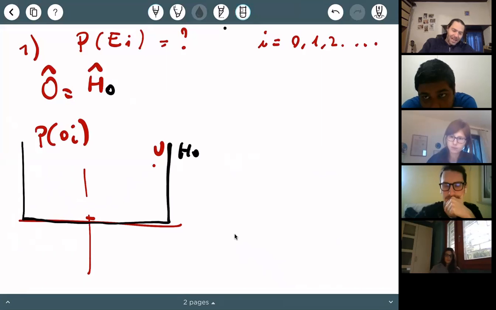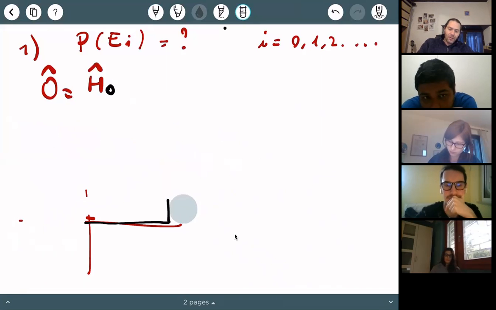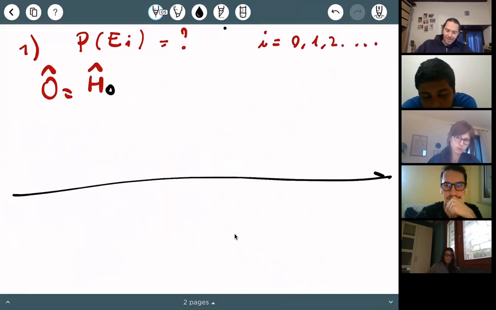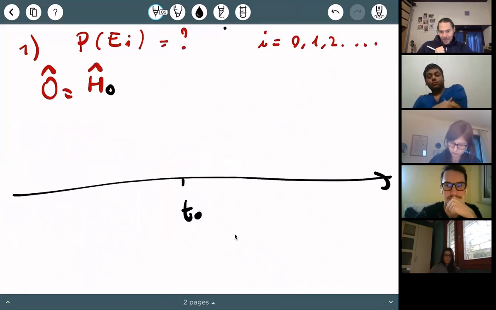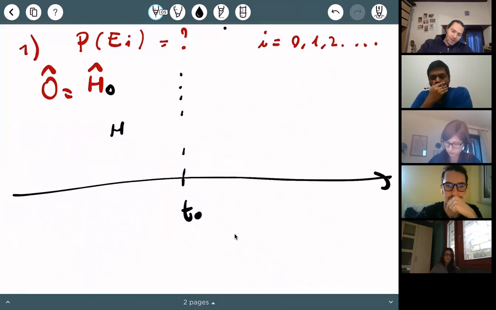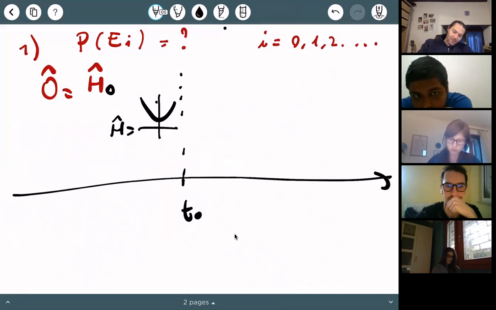Once again, let me draw a diagram. You discover what I mean. Okay? So this is time. This is T0. Up to this time, the Hamiltonian was this. Technically, this is the potential. Kinetic energy doesn't change.